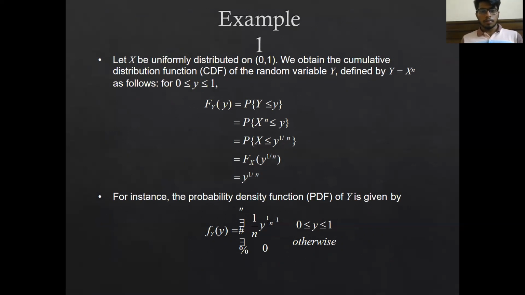F_Y of y equals P of Y less than or equal to y, P of X power n less than or equal to y, P of X less than or equal to y power 1 by n, F_X of y power 1 by n, which is y power 1 by n. Hence the probability density function, PDF, of Y is given by f_Y of y equals the derivative, for 0 less than y less than or equal to 1, and 0 otherwise.